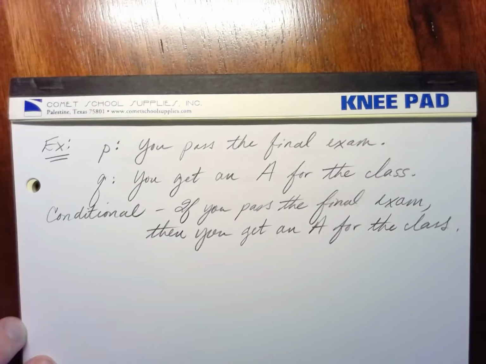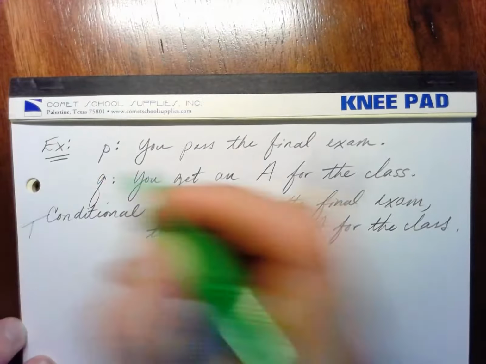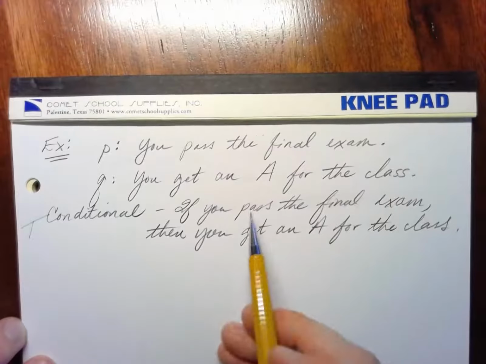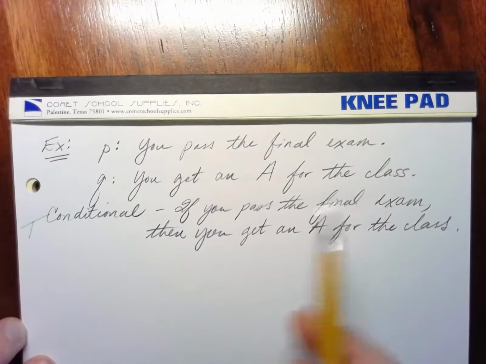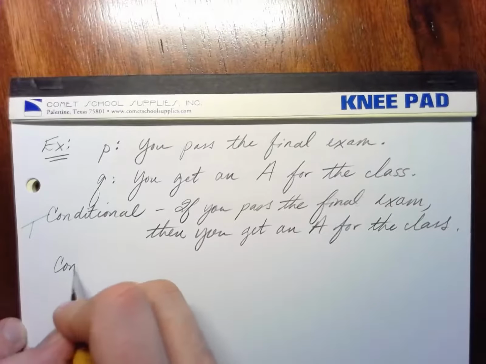Well, that's probably true, right? If you pass the final exam, then you get an A for the class, unless you've been slacking off all year. What about the converse?